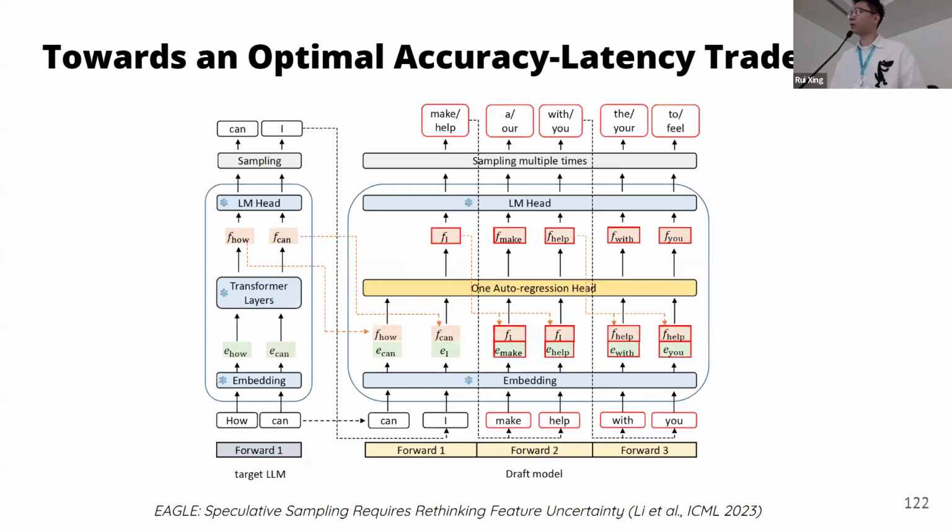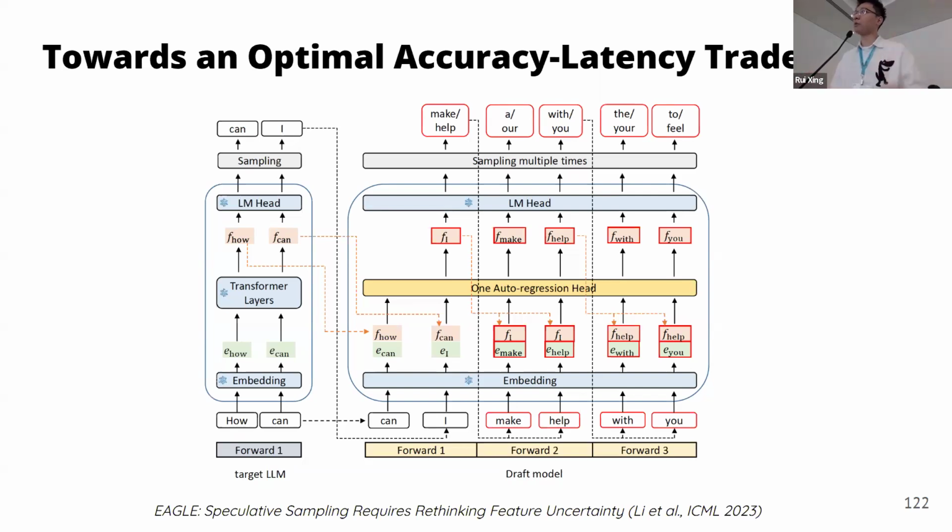And the next work, Eagle, we can see it as the current state-of-the-art method in speculative decoding. It tackles this challenge, the dependency of the draft tokens, by introducing an autoregressive language modeling head, because if we obtain the original representation from the last few layers of the original language model, we can use an autoregressive model iteratively to generate the draft tokens.